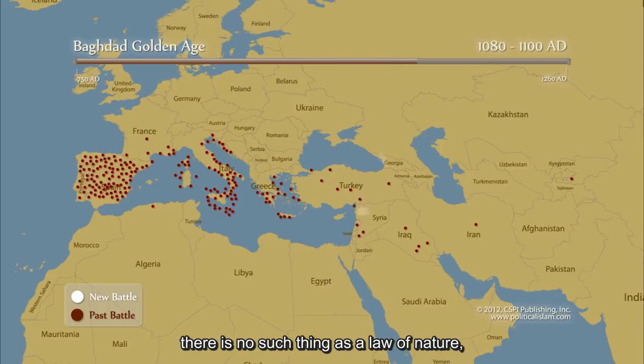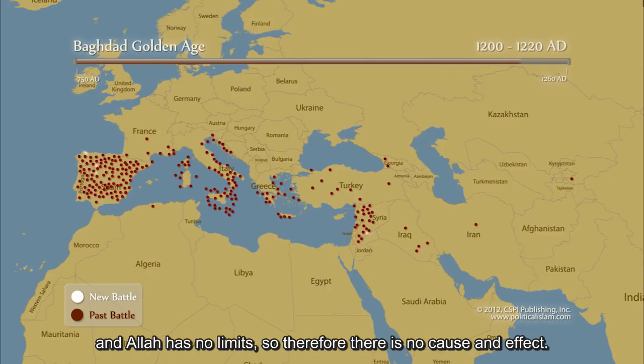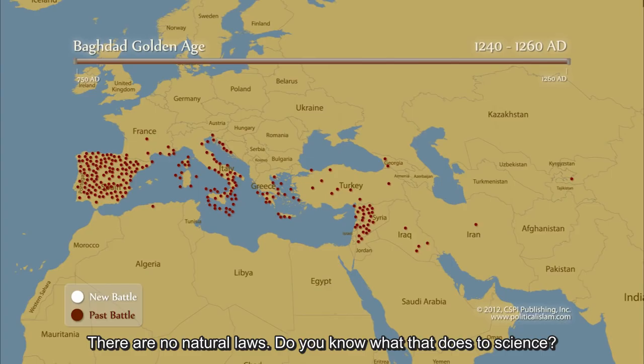There is no such thing as a law of nature. There is no such thing as cause and effect. Because you see, a law of nature and cause and effect would limit Allah. And Allah has no limits. So therefore, there is no cause and effect. There are no natural laws.